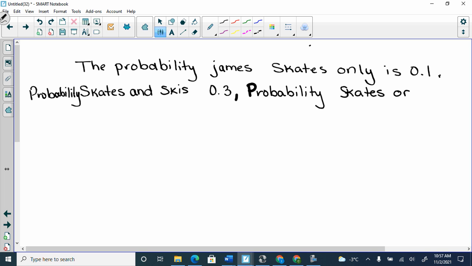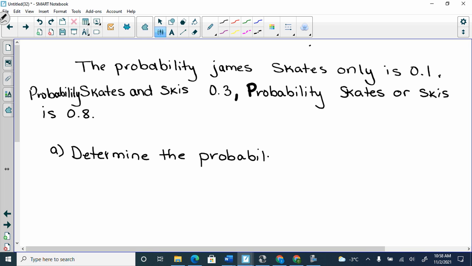Probability skates and skis 0.3. Probability skates or skis is 0.8. A. Determine the probability he skis only.